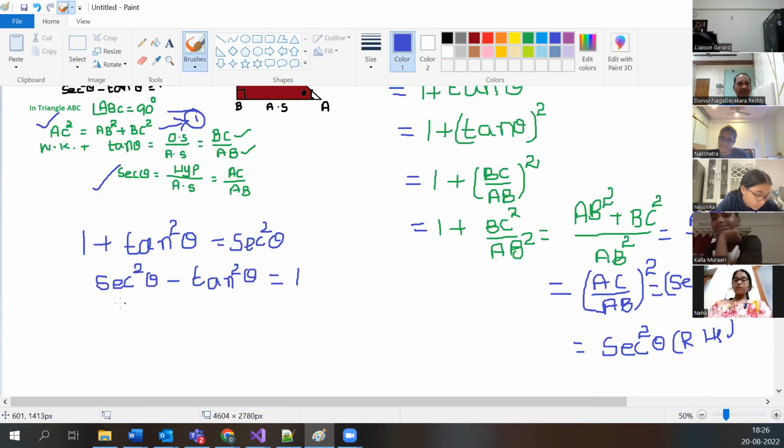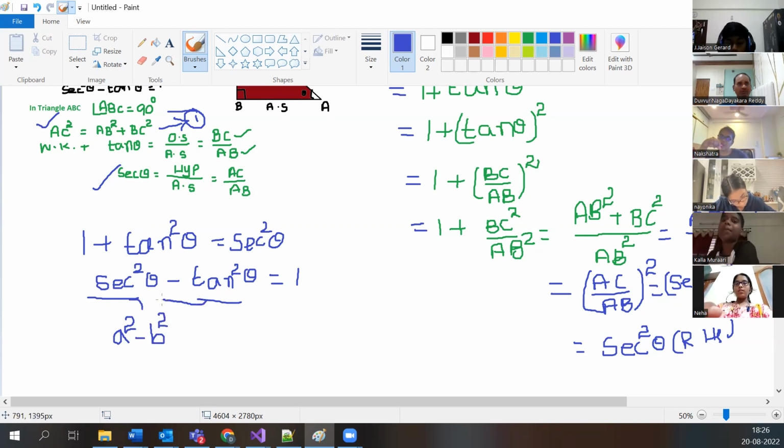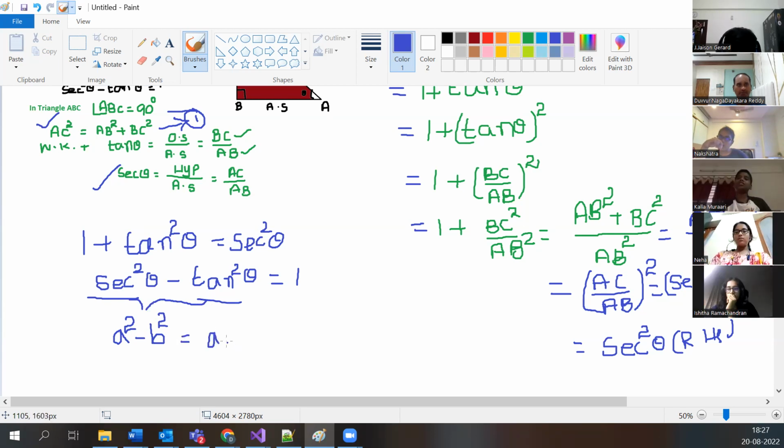All right, children, can you tell any idea you get by seeing secant square theta minus tan square theta equal to 1? How can I further write this? Just think. What does it mean? You know this: A square minus B square, right? This is in the form of secant square theta minus tan square theta. Murari, where will you get the square again?